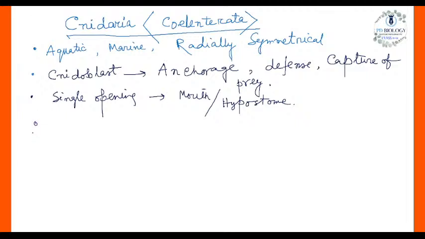Next, some of the Cnidarians have a skeleton composed of calcium carbonate. Calcium carbonate skeleton, that is the corals. Another important characteristic is two basic body forms.